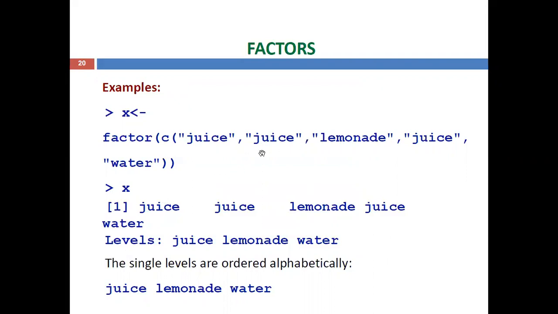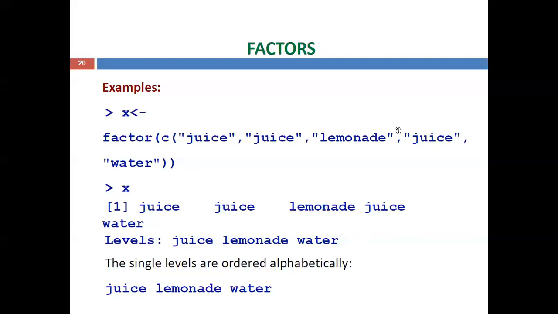Here we did not mention the labels or levels in the factor function. We simply called the vector. By default it displays all the names that are available in c of, and it also displays the levels, in ascending alphabetical order.